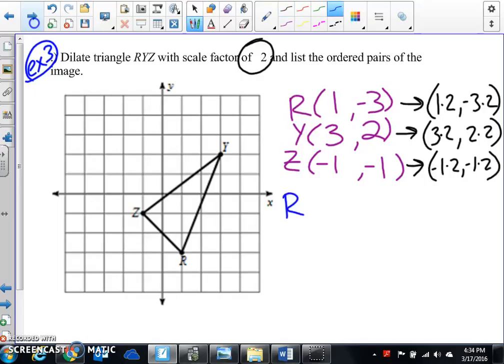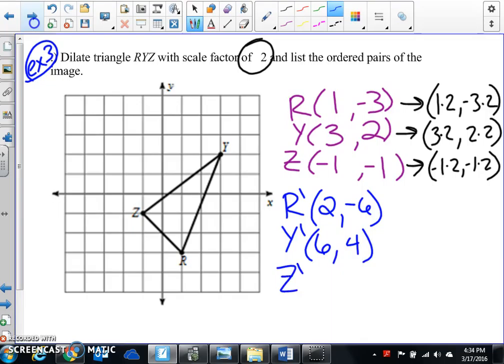Therefore, my R prime is 1 times 2 is 2. -3 times 2 is -6. My Y prime is going to be 3 times 2 is 6. 2 times 2 is 4. And my Z prime, -1 times 2 is -2. -1 times 2 is -2. All right, so I go to R prime. That's at 2, -6. 1, 2, 3, 4, 5, 6.